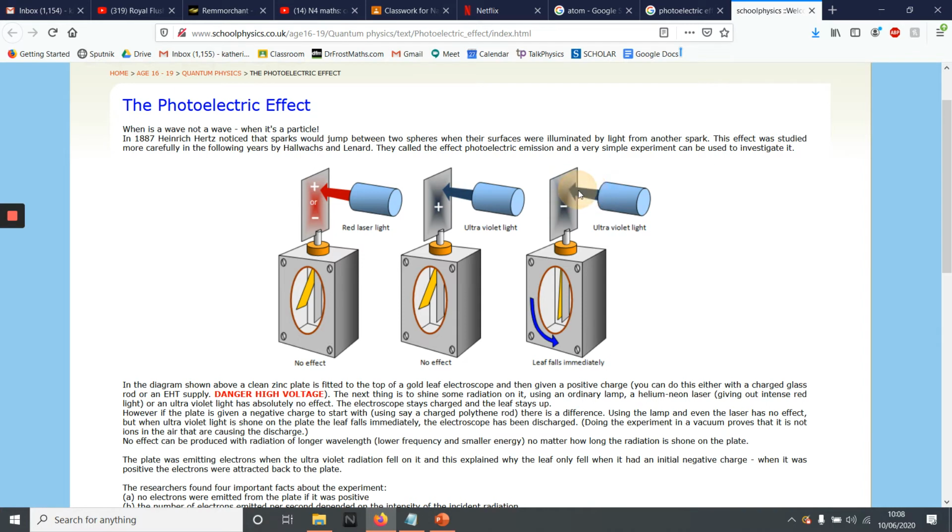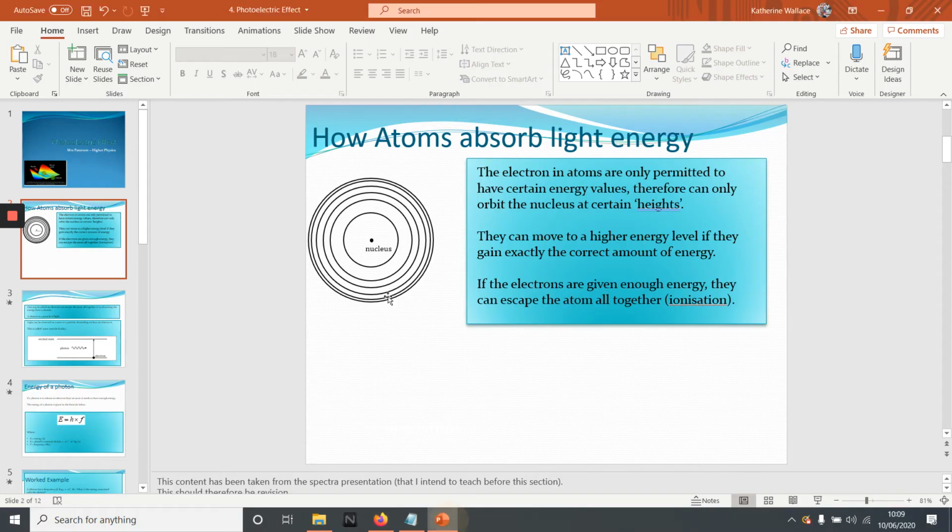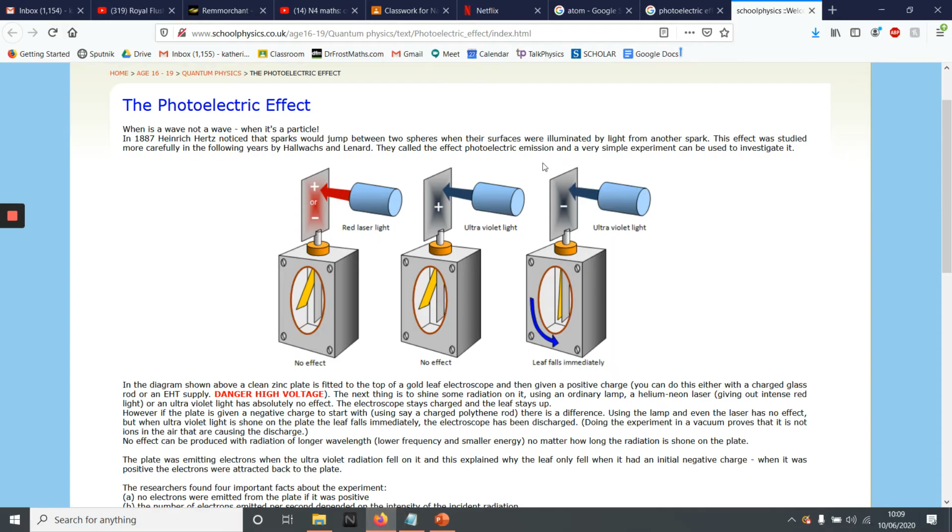So these photons come in, and these photons will be absorbed by the excess electrons, and those excess electrons will gain enough energy to escape this bit of metal. They will gain enough energy to leave the metal atoms entirely. So they'll just sort of fly off, you can think of it, and just go away.